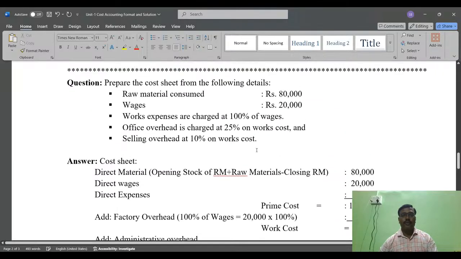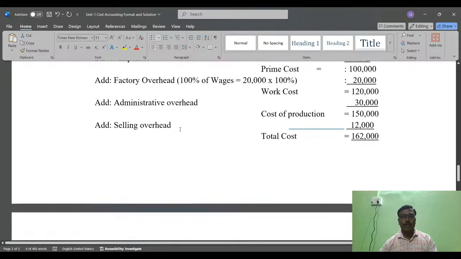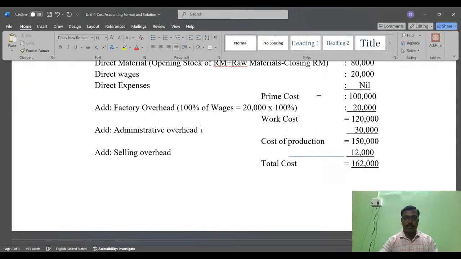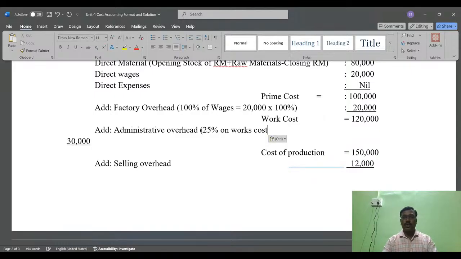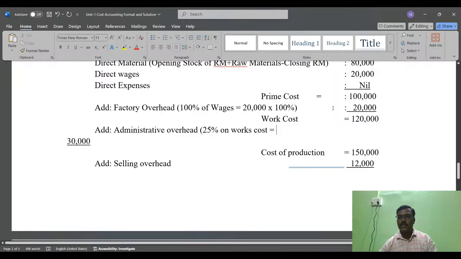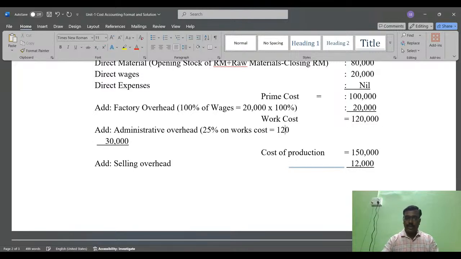Okay, from that, office overhead is 25% on work cost. Office administration overhead is 25 percentage of work cost. What is the amount of work cost here? 1,20,000. See here, work cost amount is 1,20,000. We have to take 1,20,000 multiplied by 25 percentage.